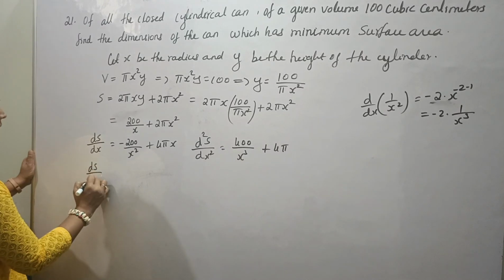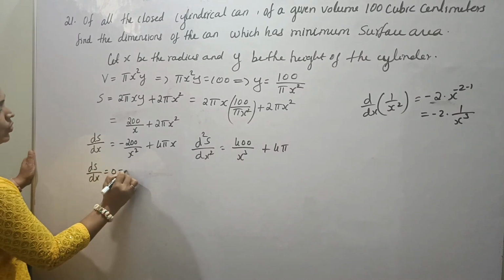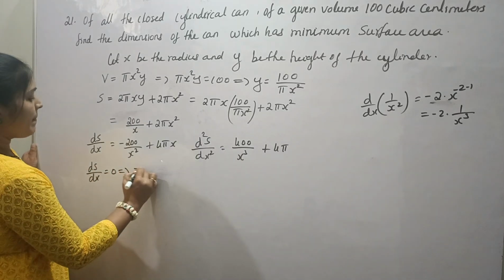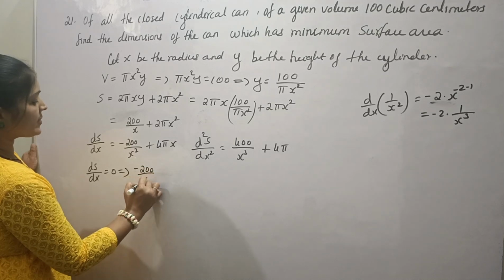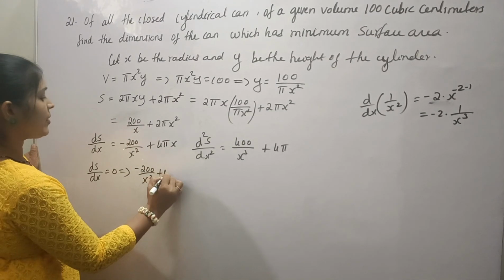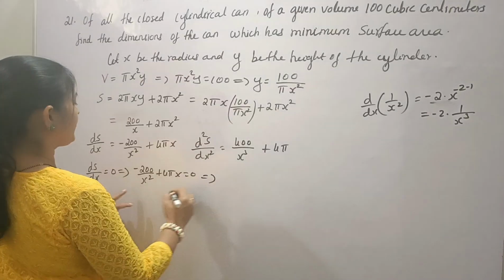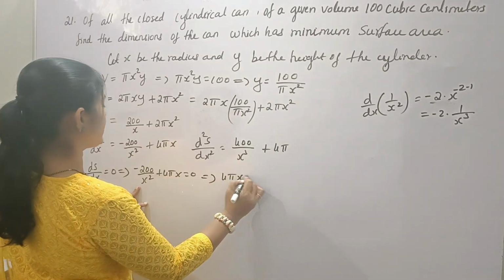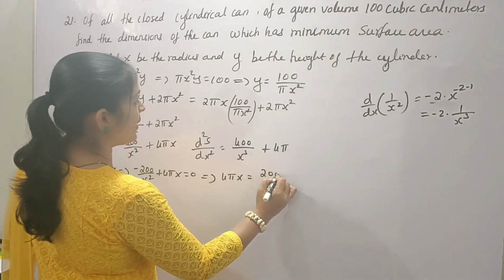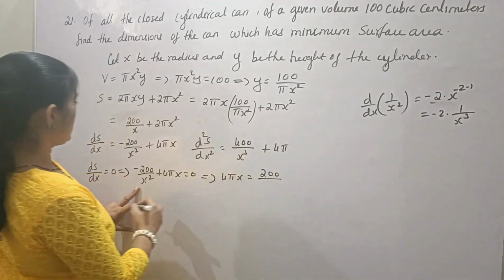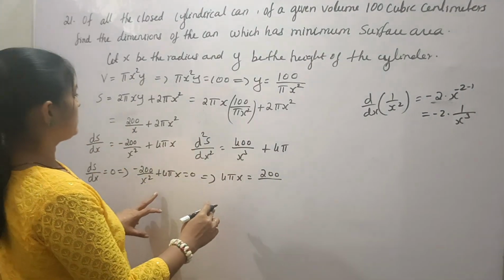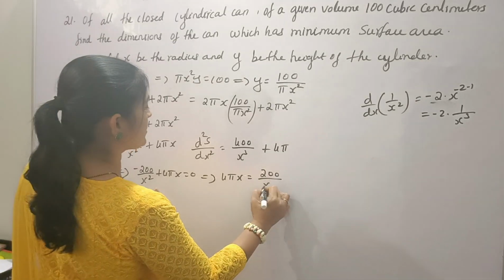So ds by dx is equal to 0 implies minus 200 by x square plus 4 pi x is equal to 0. That implies 4 pi x is equal to 200 divided by x square.